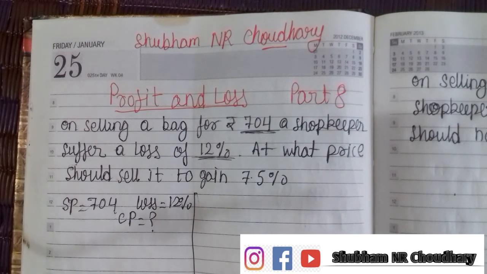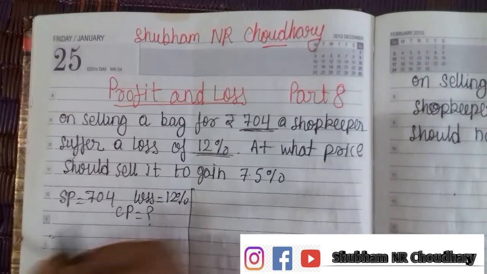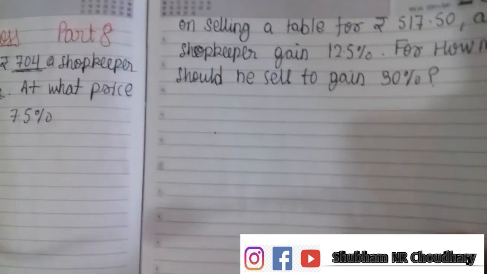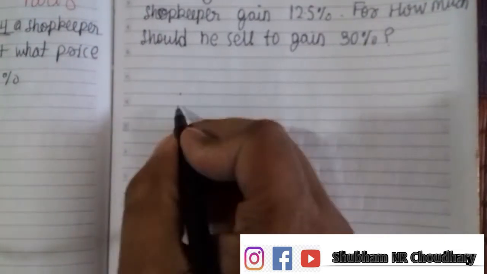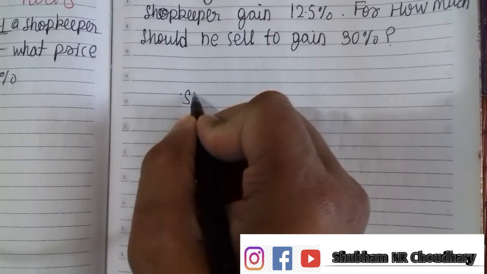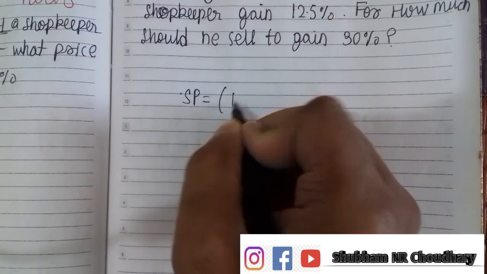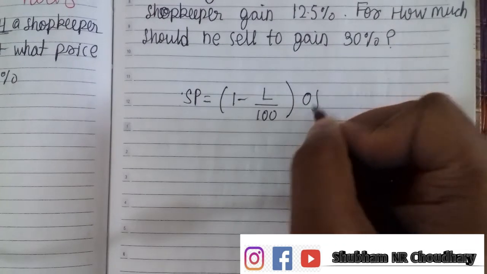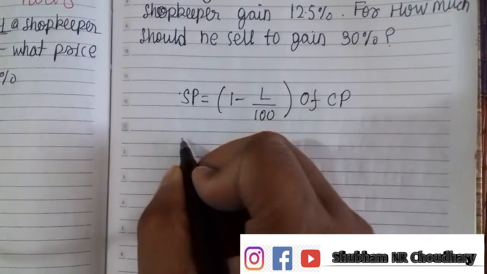So just bear with my sound. It's horrible, I know, but let's get going. As you know, there are two kinds of formula. One is SP equals 1 minus loss by 100 of CP, when you are losing.